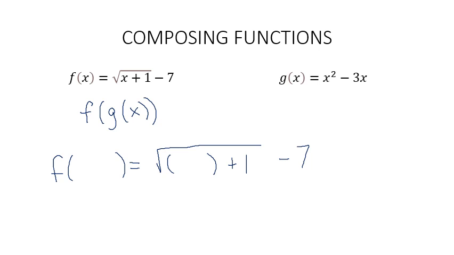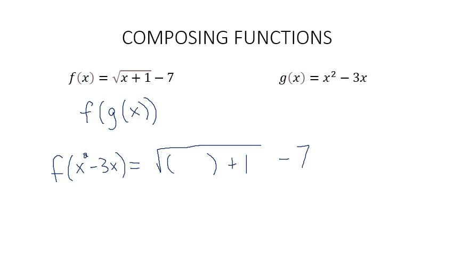So instead of a number, I have to put this entire function g of x inside the function f. So g of x is x squared minus 3x. So f of g of x is f of x squared minus 3x.